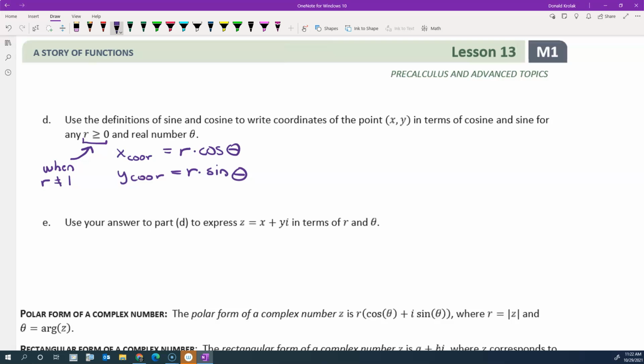So I said when r is something, it's not 1, it's something else. For example, r's 2 or r's 20.